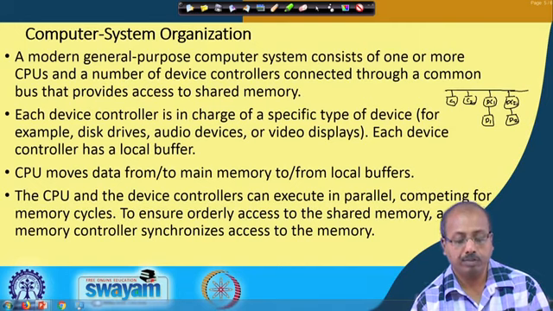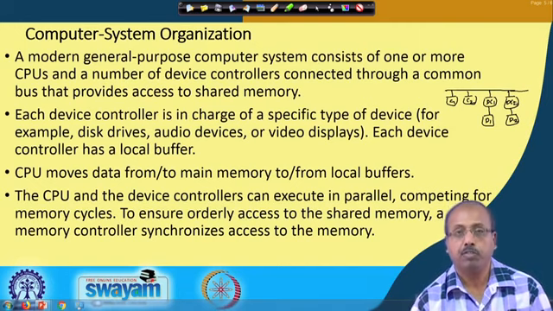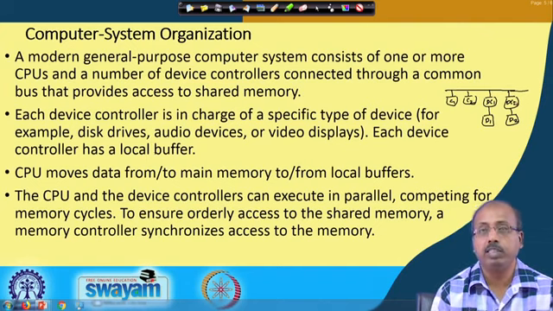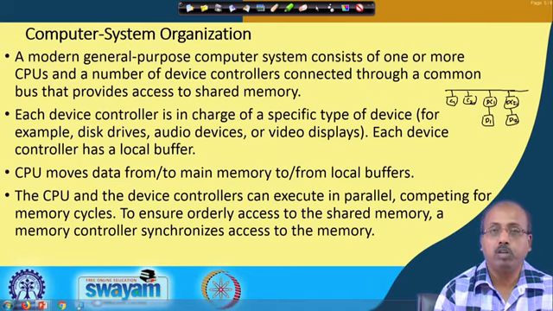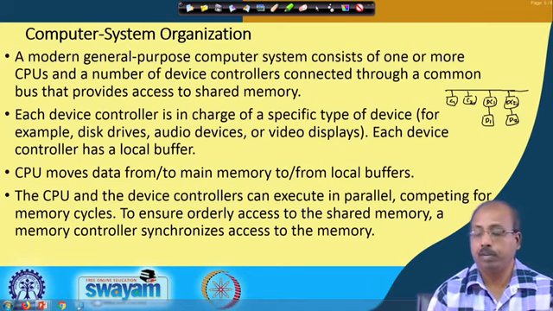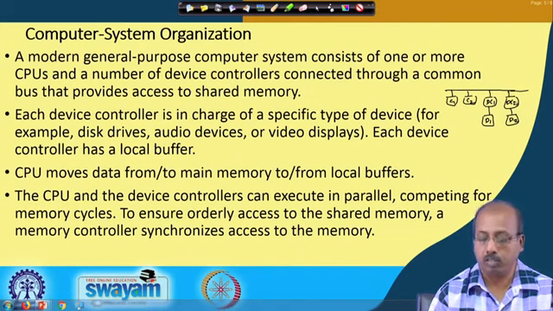The CPU moves data from or to main memory to or from these local buffers. So, the CPU does not view each of these devices in a separate fashion. The CPU's job ends by transferring the input output data to and from the buffer within the device controller.